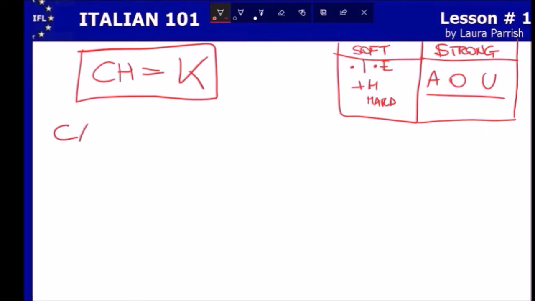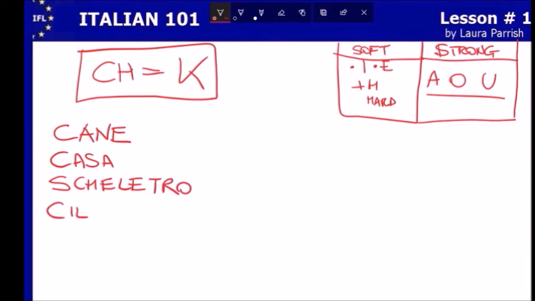So, cane, that means dog. Casa, house. Scheletro, that means skeleton. Ciliegia, that is cherry. Scarpa, that is shoe.